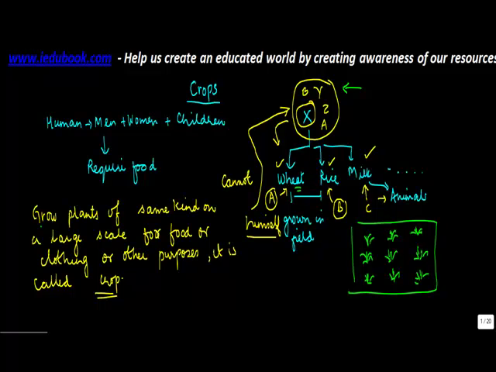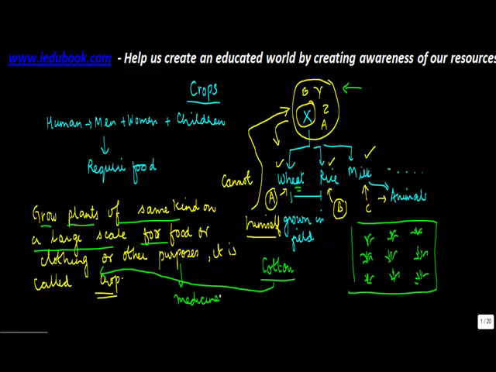So this process of growing plants of same kind in a large scale for food, wheat you can use for food or clothing. Let's say you had some cotton trees that you would have used for clothing or other purposes, let's say as medicines. It is called a crop.